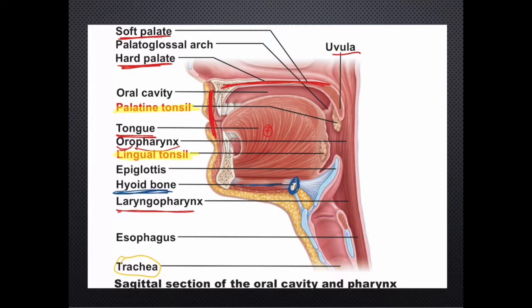Also, the food traveling down from the oral cavity will need to travel through the oropharynx and the laryngopharynx. So if I'm following here the food, it's going to be passing here, oropharynx, then down to the laryngopharynx. It will keep going down into the esophagus.